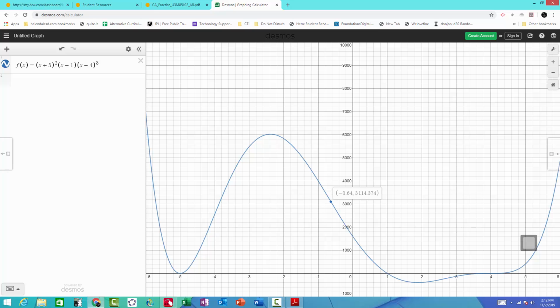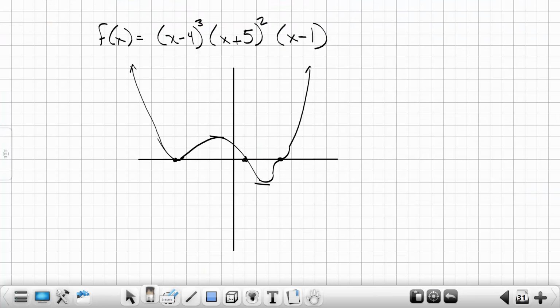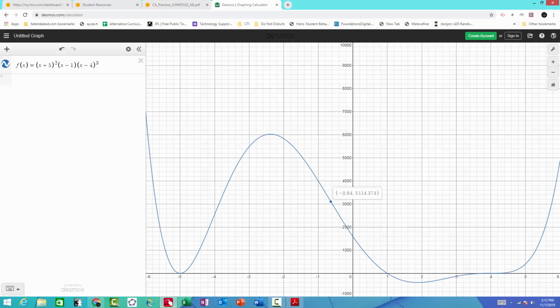So the peak of my maximum was a little over 6,000, as opposed to what I thought it might have been. I guessed like 2. And this bottom peak I put at -2, and in reality, it was at -500-ish.